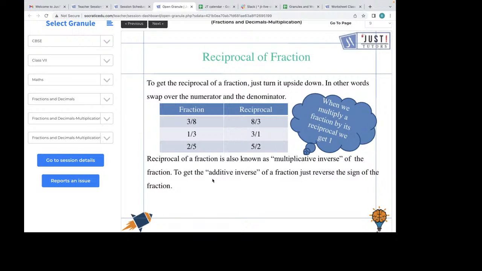To get the additive inverse of a fraction, just reverse the sign of the fraction.